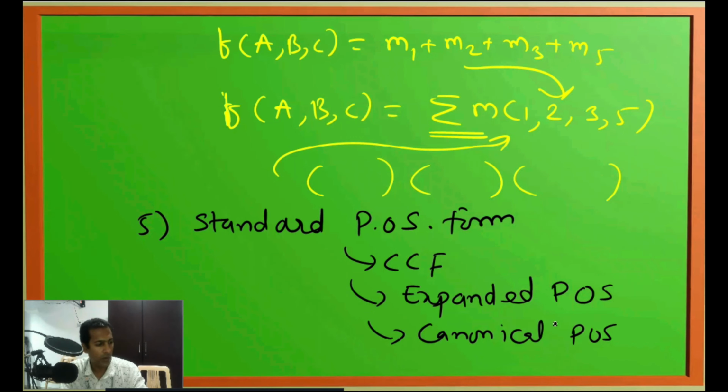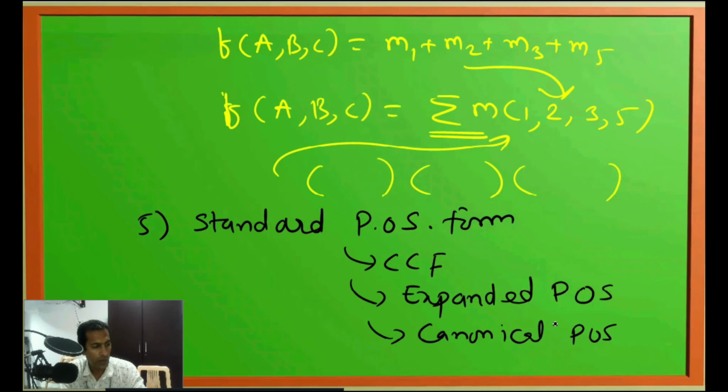This is derived by considering the combinations for which f is equal to 0. Each term is a sum of all the variables. A variable appears in uncomplemented form if it has a value of 0 in the combination, and it appears in complemented form if it has a value of 1 in the combination.